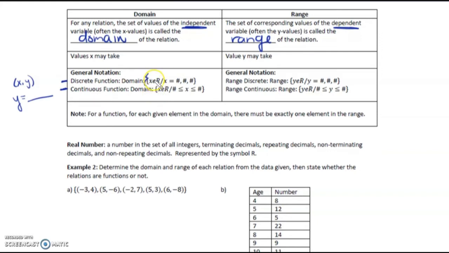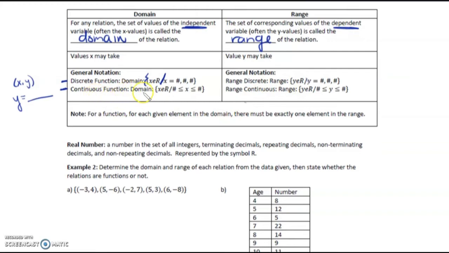So x is an element of the real number system. This slanted line means "such that x equals," and then you list every number that x equals. Likewise, for the range, y is an element of the real number system such that y equals, and then you list the numbers that y equals.